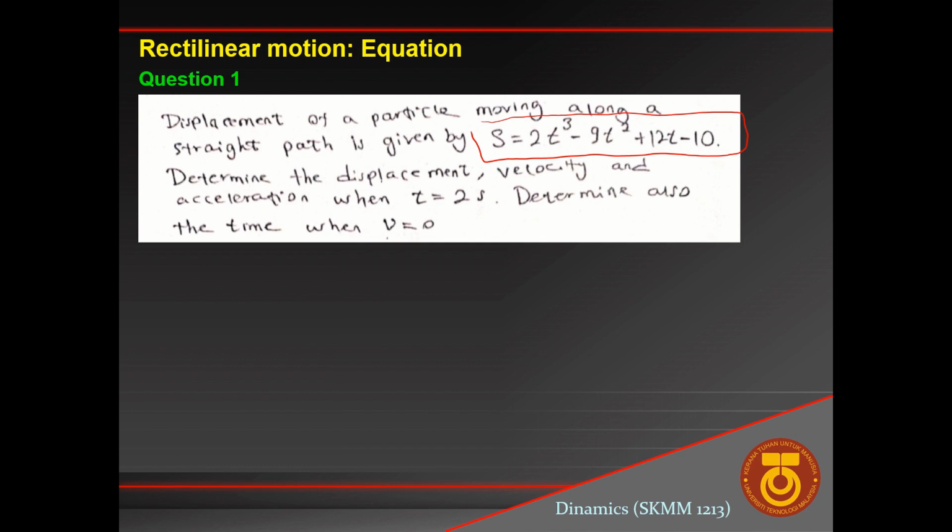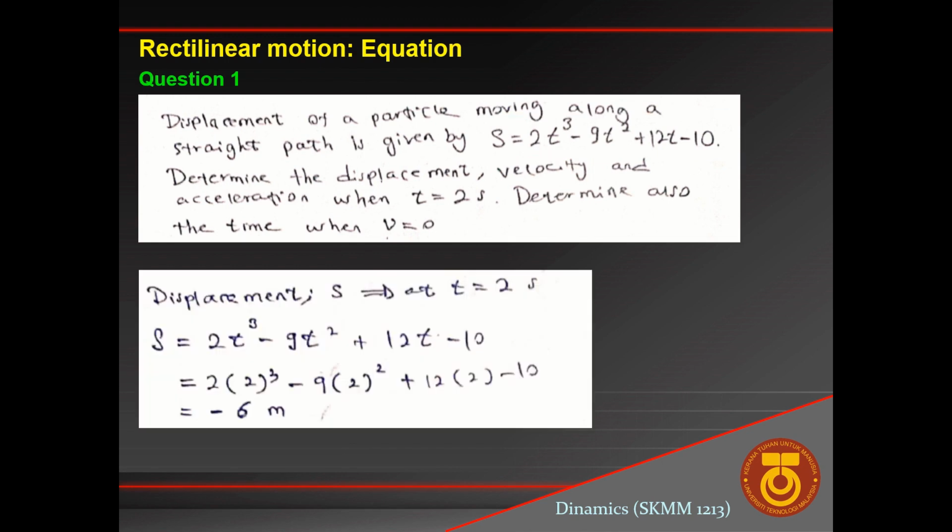So you are given the equation for displacement, but you are required to find also displacement, velocity, and acceleration. You need to differentiate s to get v, and then differentiate again, dv/dt, to get a.